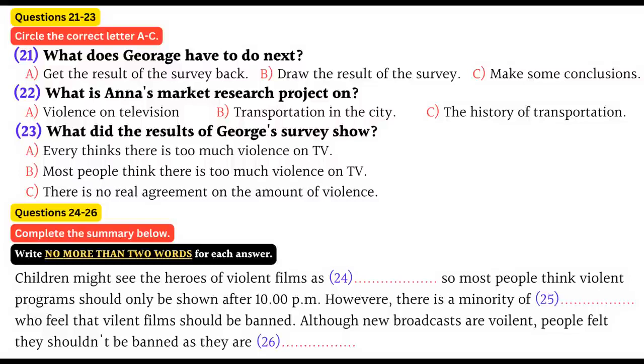That's interesting. What do your results show? Well, as I said, I haven't finished writing my conclusions yet, but it seems most people think there is a problem. Unfortunately, there is no real agreement on the action that needs to be taken. Nearly everyone surveyed said that there was too much violence on TV. A lot of people complained that American police serials and Chinese kung fu films are particularly violent.